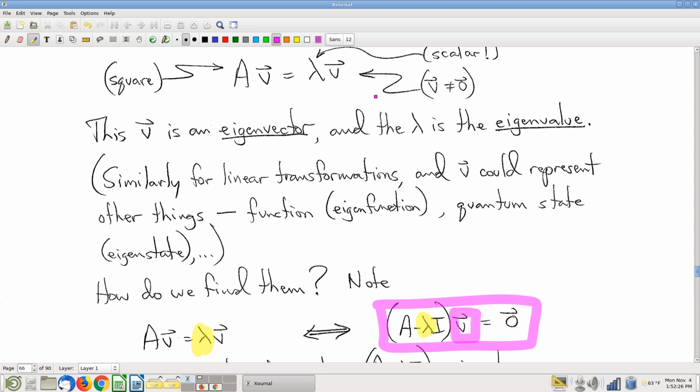But it's easy to forget that specifically they're null space vectors not of A, but of this other matrix A minus lambda I. So heads up, it's a common landmine to step on. Don't forget that eigenvectors of A are null space vectors of A minus lambda I, not vice versa.